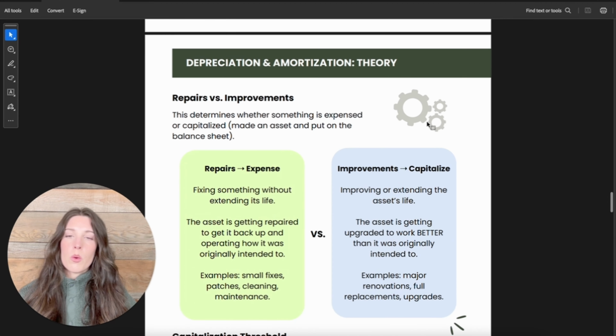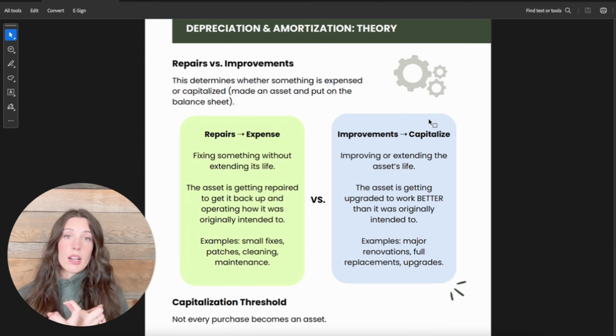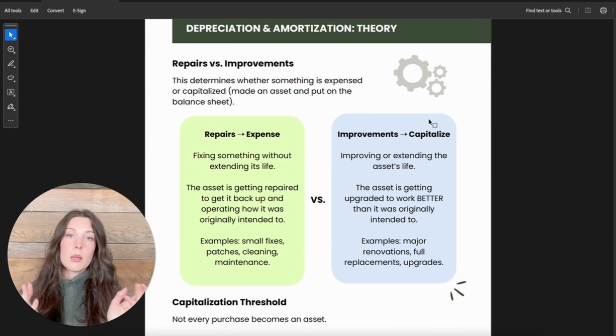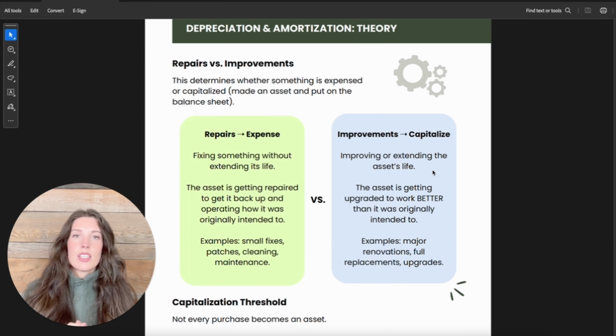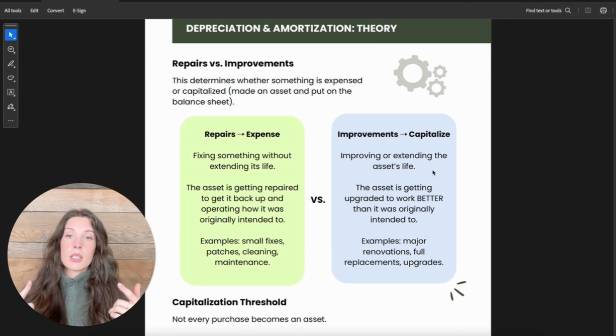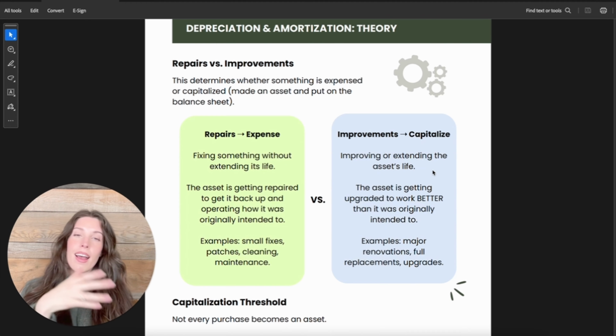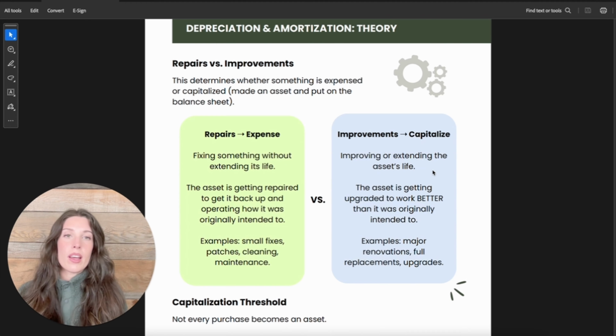Now, determining whether something is a repair or an improvement will impact whether it is going to be expensed on the P&L or capitalized on the balance sheet. A repair is fixing something without extending its life or usefulness. You're essentially getting the asset back up and running how it was originally. Something broke, so it's not working, and then it's repaired, and now it's working the way that it was before.